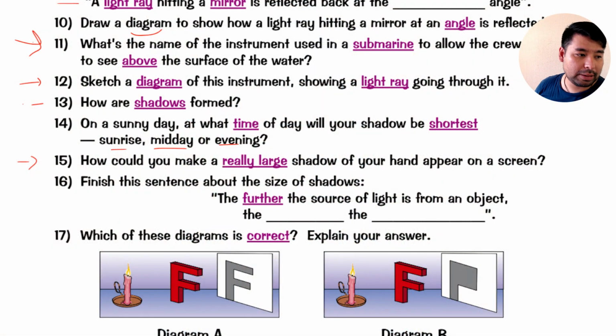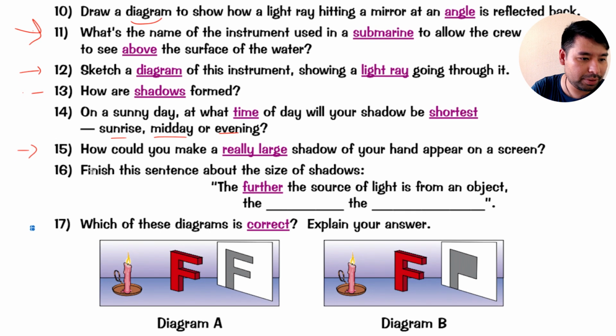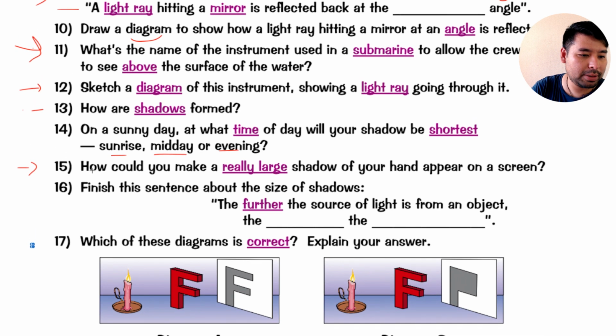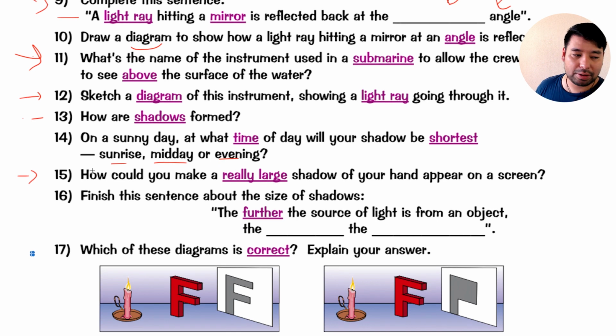And the last one, 17. Let me go up a little here, okay? Can you see? I guess you can see that, right? Which of these diagrams is correct? Explain your answer. We have a light source here, which is a candle.